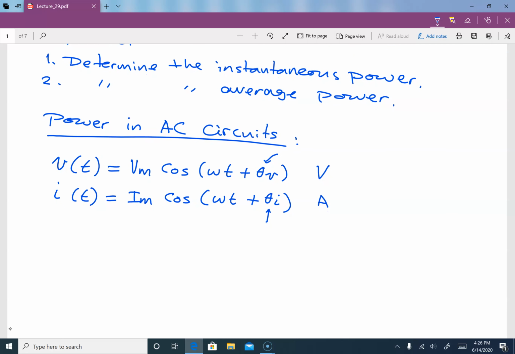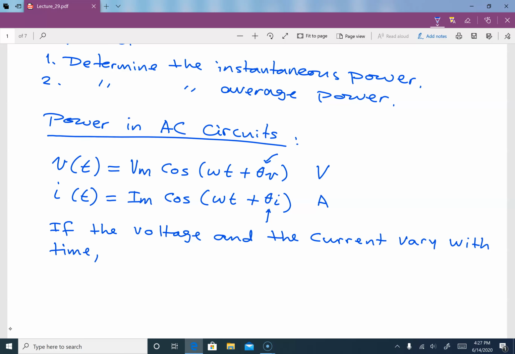If you look at these two expressions, these are time varying expressions. So if the voltage and the current vary with time, then the power will vary as well.